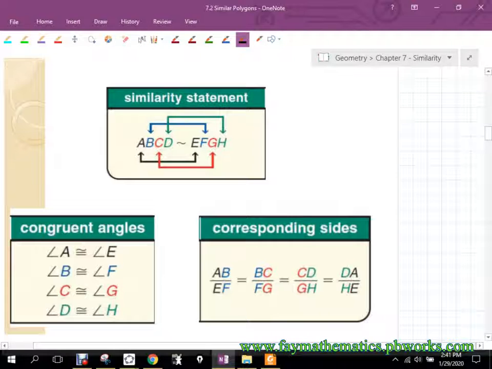This symbol right here, your tilde, I don't know if that's how you spell it, but that is, in mathematics, your similarity statement, or your similarity symbol, okay. So the way we read that is we say ABCD is similar to EFGH. ABCD is similar to EFGH. So we're going to draw a little sketch here.